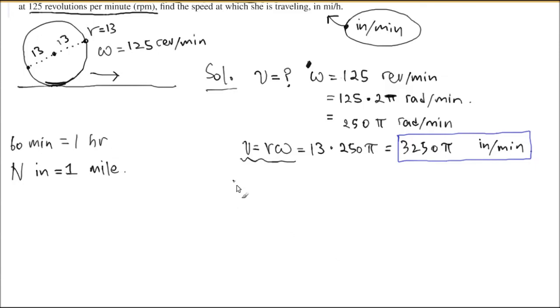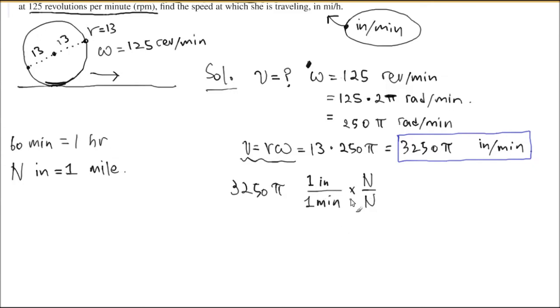So here's the 3250 pi. That's the magnitude. And here's 1 inch and 1 minute. Is that okay? So how can you change 1 inch to 1 mile? You have to multiply by n there. So n inch is going to be 1 mile, right?